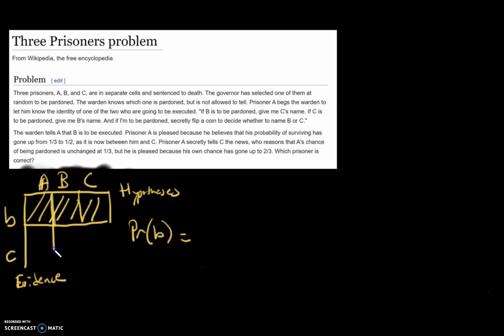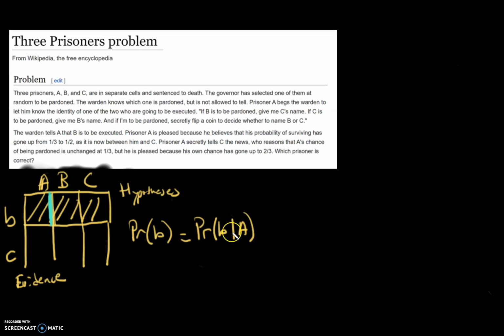Let's extend these lines for a little bit, and let's focus on one of the lines. What is this line right here? This line segment is in the A column. What is this line right here? Well, this is the probability that the warden would say B, assuming that A will be pardoned.